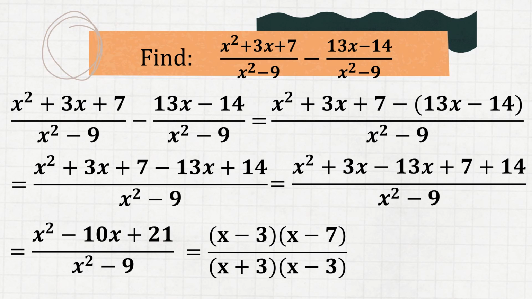Then, yung denominator natin, since difference of a perfect square siya, so ang factored form niya is x plus 3 times x minus 3. Then, we will cancel the common factor, which is x minus 3. Kaya yung natira na lang is x minus 7 dun sa numerator and x plus 3 sa denominator. Kaya ang sagot natin will be x minus 7 over x plus 3.